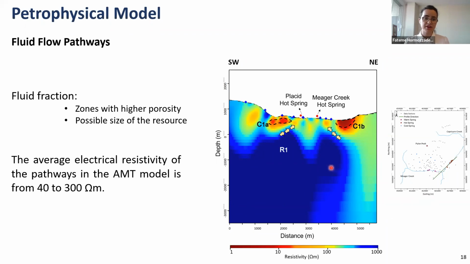This can have higher porosity, and so if we have some estimations based on the electrical resistivity of these zones, we can get to a porosity for the potential reservoir zone.